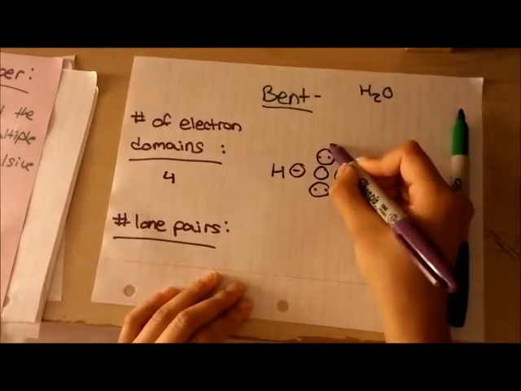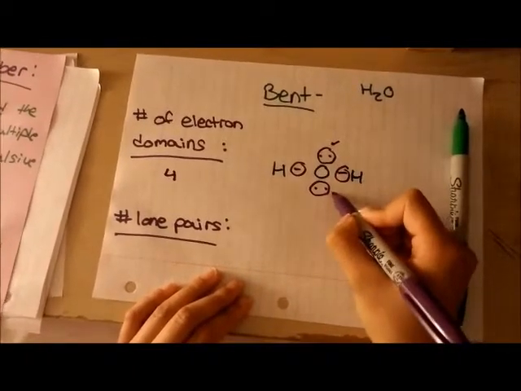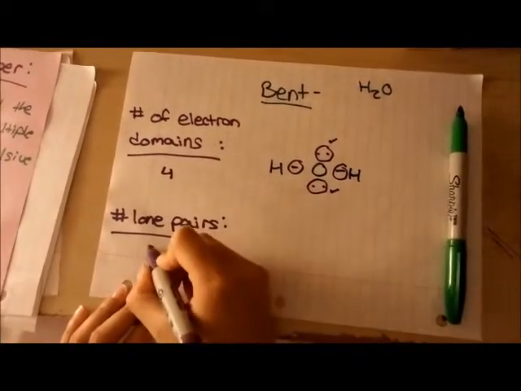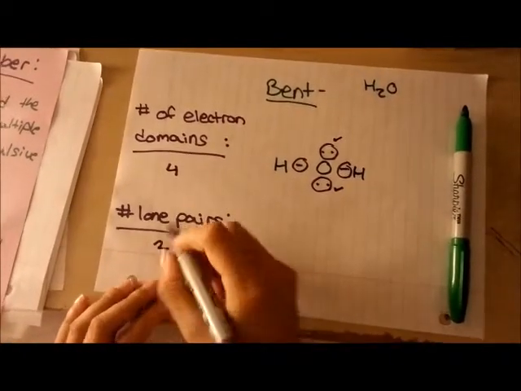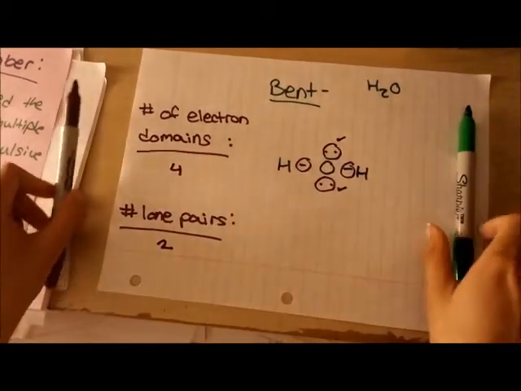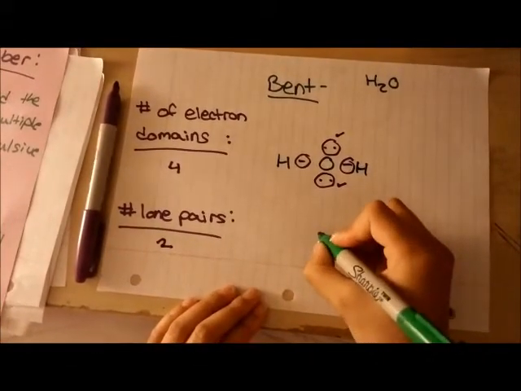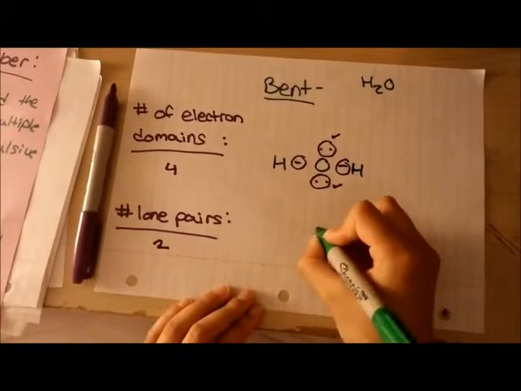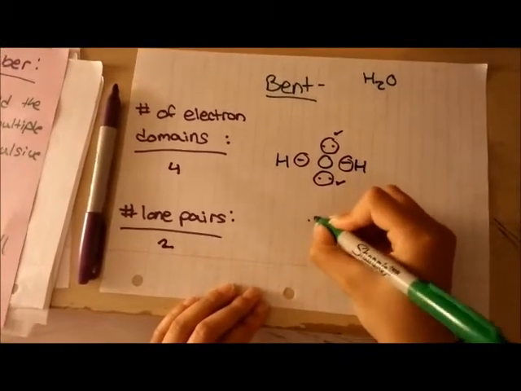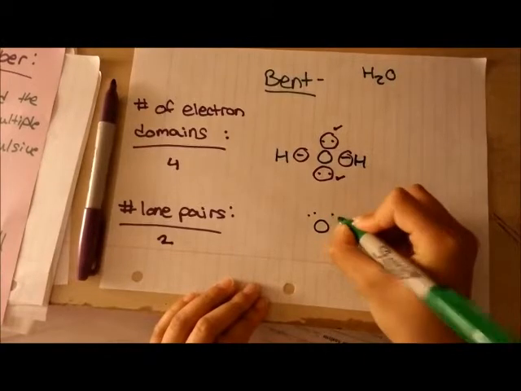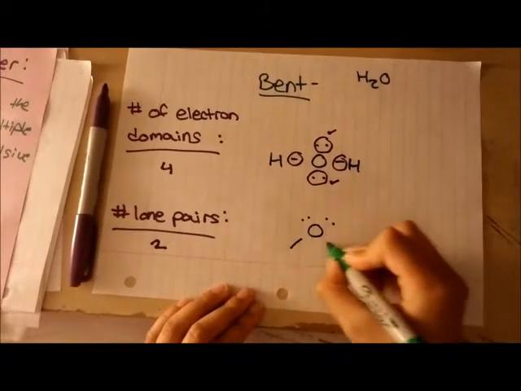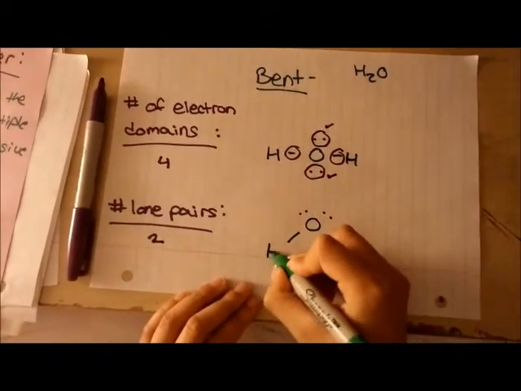Now, as mentioned earlier, these unbonded pairs will have more repulsive strength and will want as much room as possible to move around. Meanwhile, the bonded pairs are more restricted. So this is the actual structure. The unbonded pairs will push down the bonded pairs, hence this bent shape.